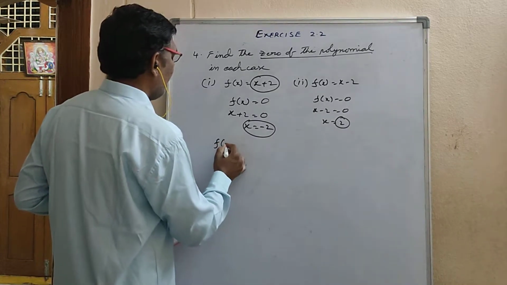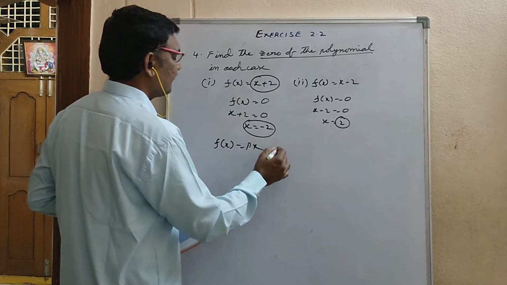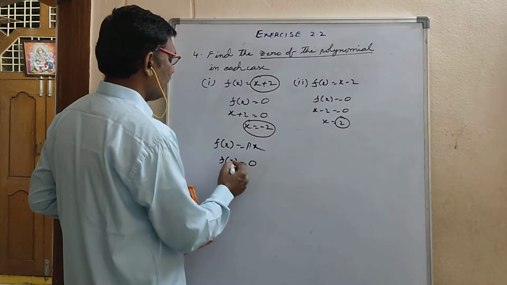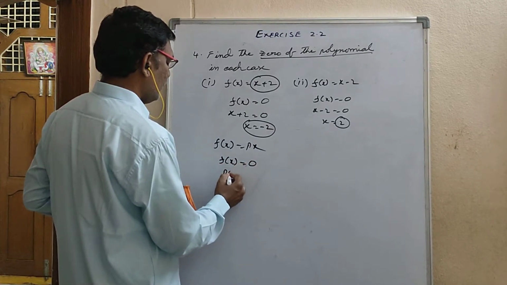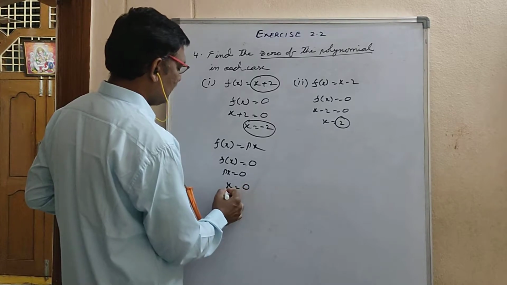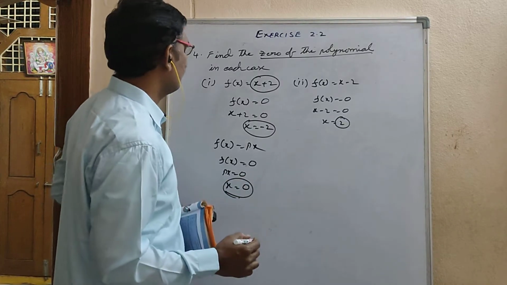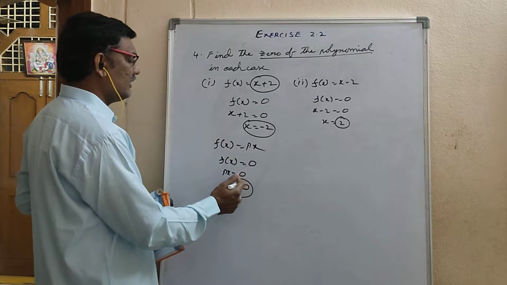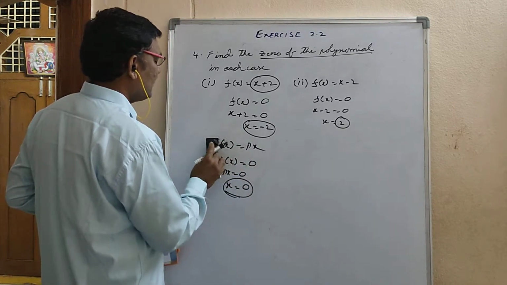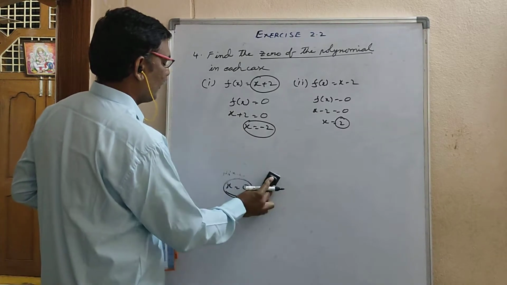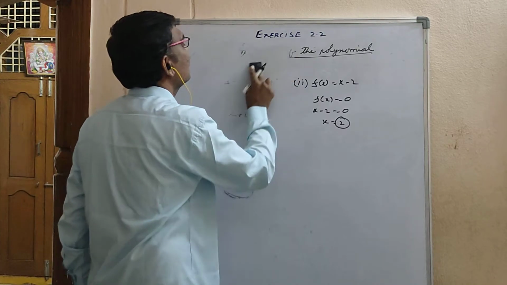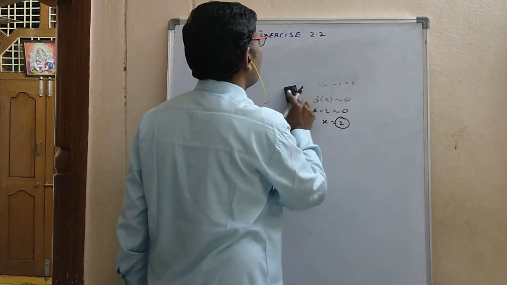And one more question, f of x is equal to px. Here also it is the same. Equate f of x to 0. Px is equal to 0. Make x the subject. P taken to this side, 0 by p is 0 only. So, like this you have to find the zeros of the polynomials. Okay. Next problem.